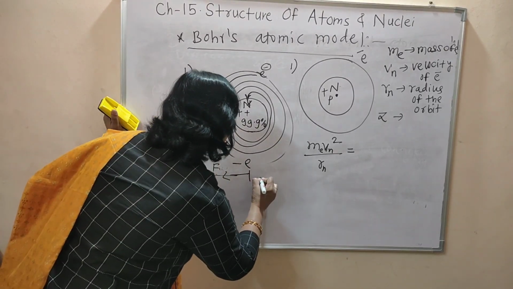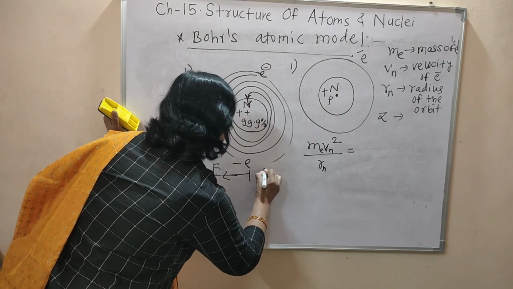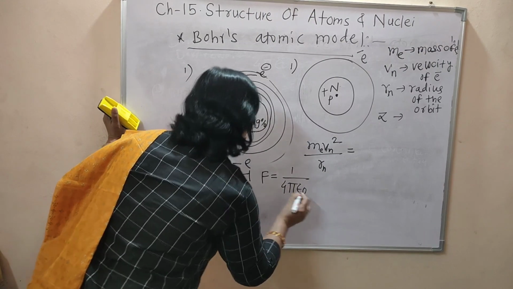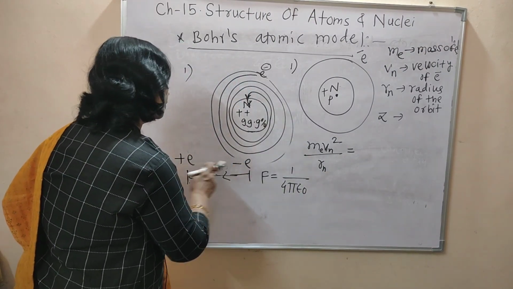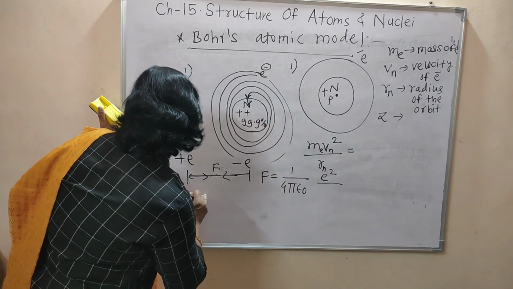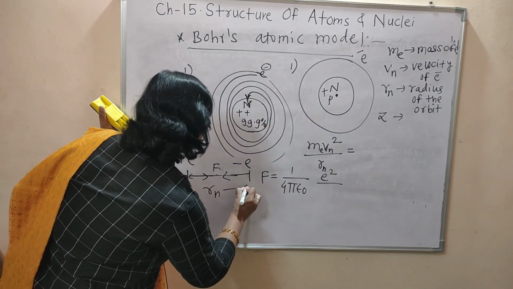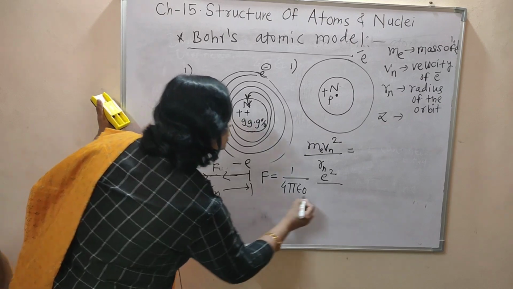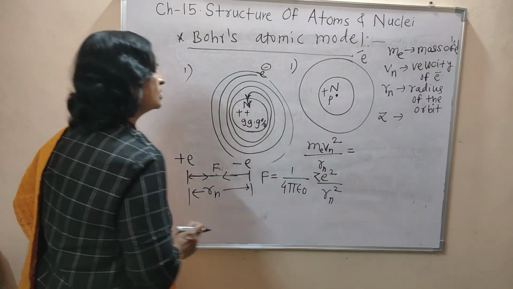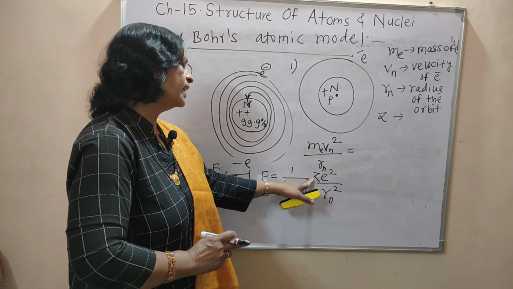The Coulomb force is 1 by 4 pi epsilon naught times the product of the magnitudes of the two charges, e square, divided by the square of the distance between them. If that distance is rn, the square is rn square, and if the number of electrons is Z, then it is Ze square.